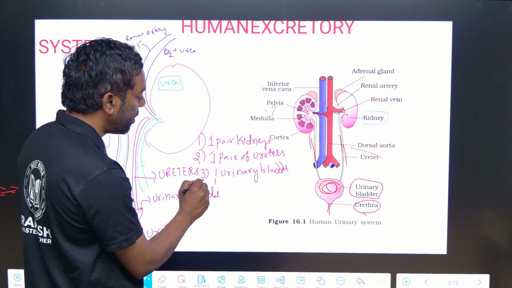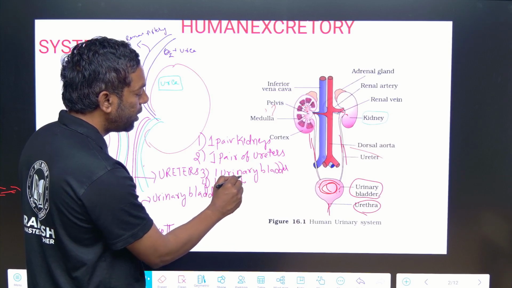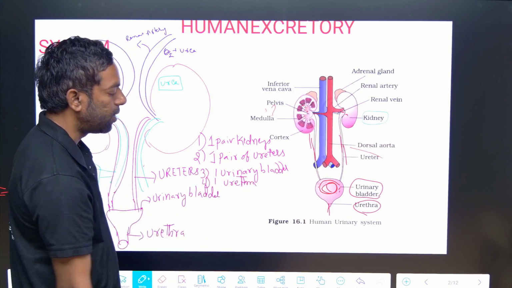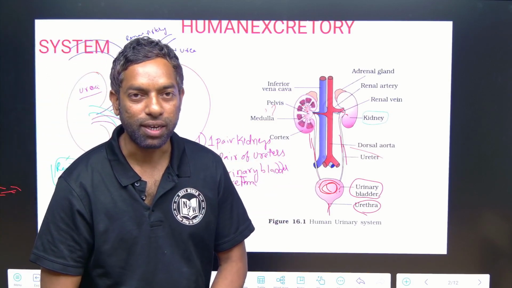These are the four parts that come under the human excretory system.